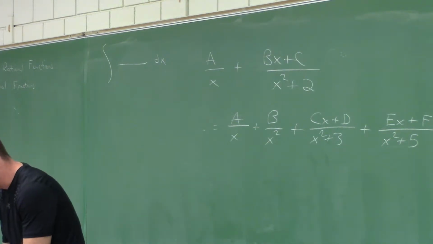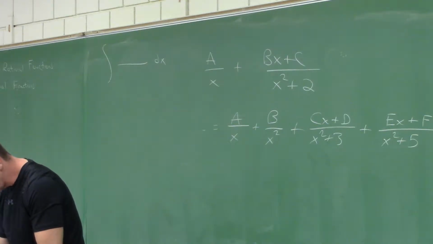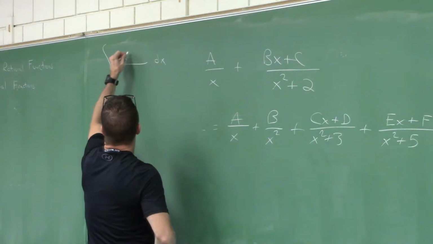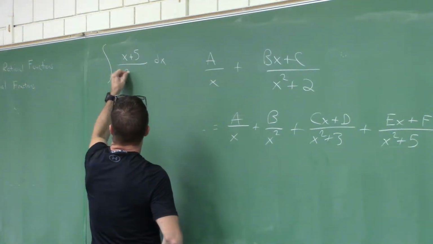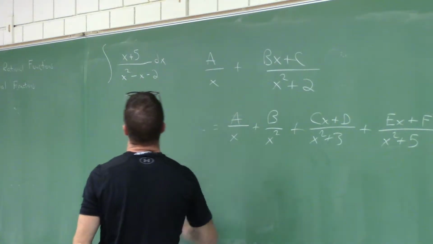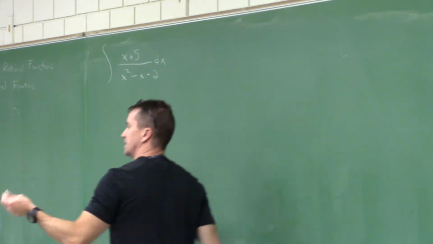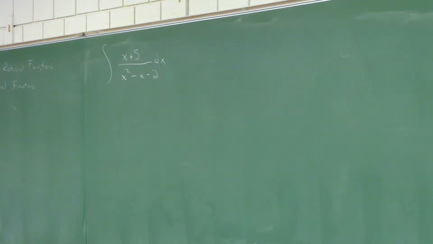Okay, here's the first one. We have x plus 5 over x squared minus x minus 2, dx. Now think about everything we've done in this course too, if you're looking at this problem.